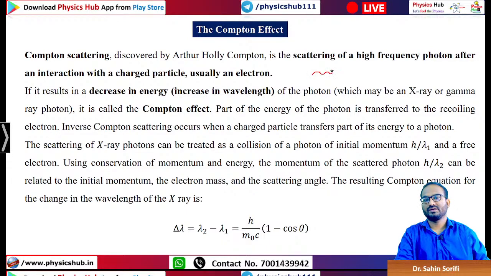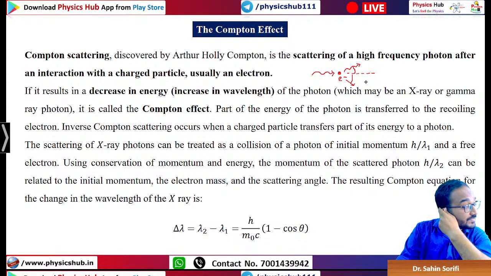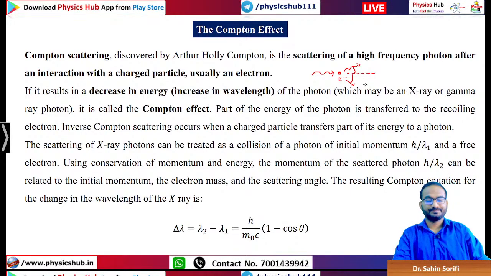So here a photon will interact with an electron. Let's say the electron is kept at rest. After this interaction, the photon will be scattered and the electron will recoil. So this was the original direction. You see the photon is scattered and this one is recoiled, we can say.